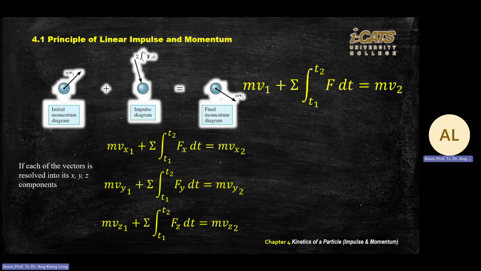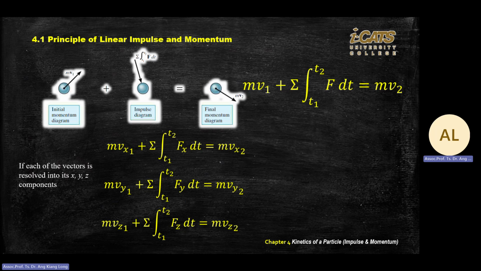This is an illustration of the steps of solution. Once you write the equation, you look at the problem. You draw the velocity vector, the force vector, and the velocity vector. Then you split the vectors into x, y, and z.